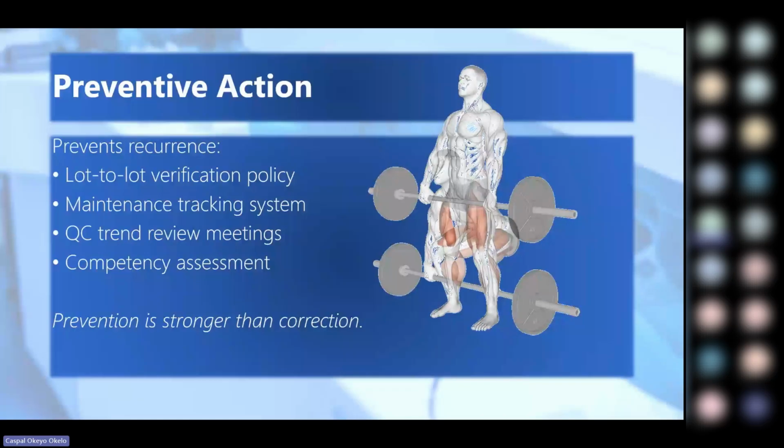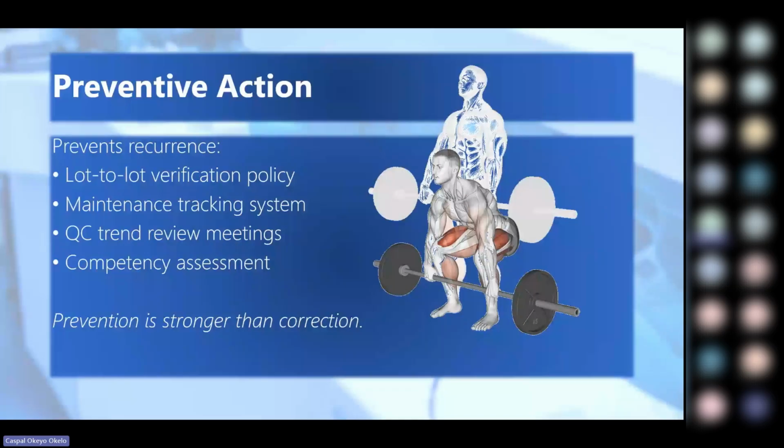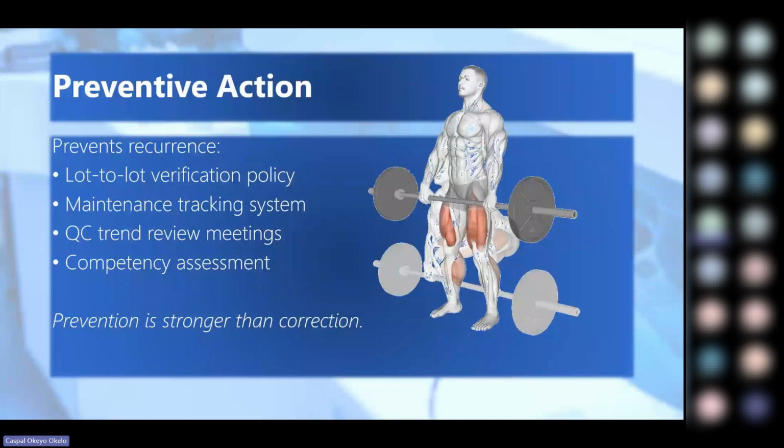In the case of our HbA1c that was biased, a preventive action will be like you develop a mandatory lot-to-lot verification SOP, you require supervisory sign-off before releasing a new reagent lot, you schedule monthly QC trend review meetings, you implement maintenance tracking systems, you do regular competency assessments.